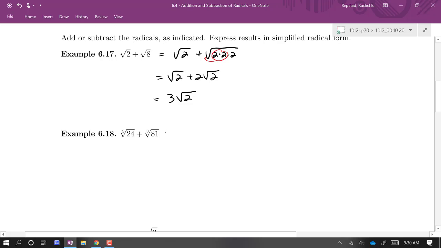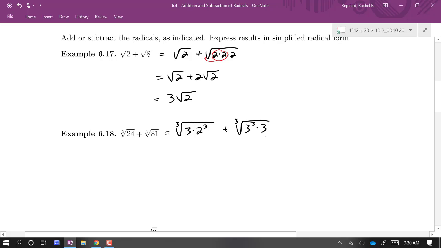Let's do another one. We're going to start by simplifying. So simplifying means really we're going to start by factoring. 24 is 3 times 8, or 3 times 2 cubed. 81 is 9 times 9, so that's 3 to the 4th. And I'm going to write that as 3 cubed times 3. And I'm choosing to write it that way because we have cube roots, right?